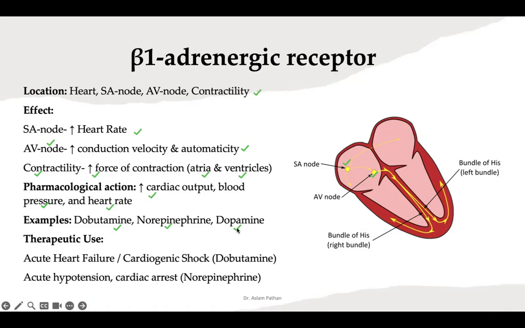Therapeutic use of beta 1 adrenergic receptor agonists: dobutamine is used in acute heart failure or cardiogenic shock in emergency, and noradrenaline or norepinephrine is used in acute hypotension or cardiac arrest.